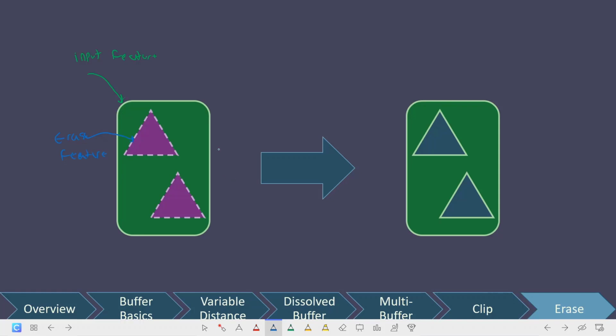When we run erase, what we get back, what we get out, is the input feature minus the areas where they were overlapped by the erase feature. Again, these are both holes. So again, erase removes geometry, clip clips geometry.